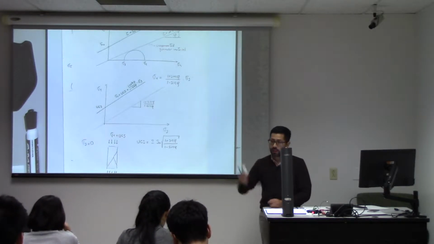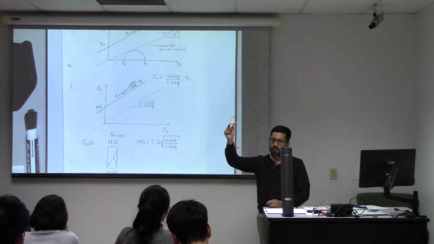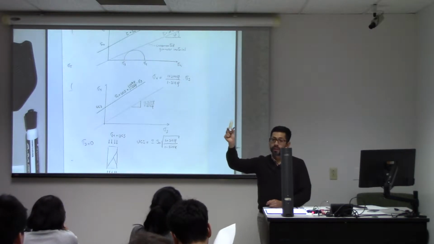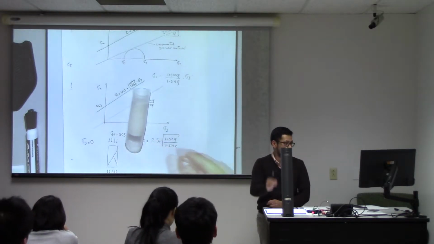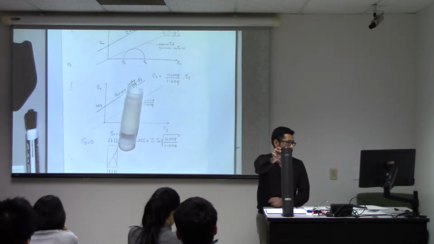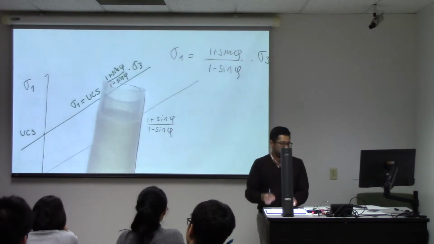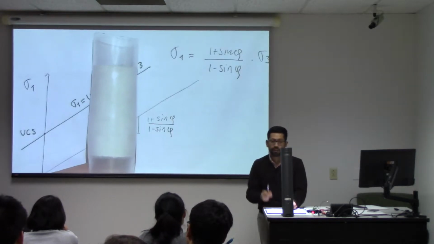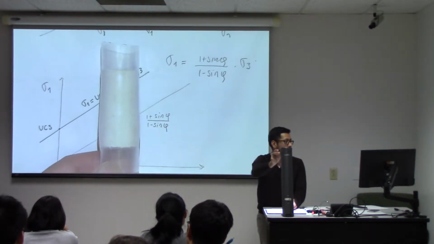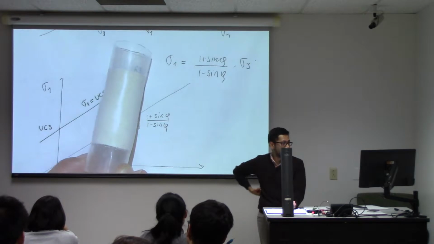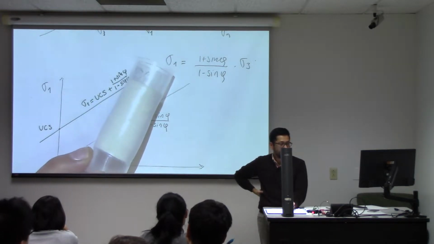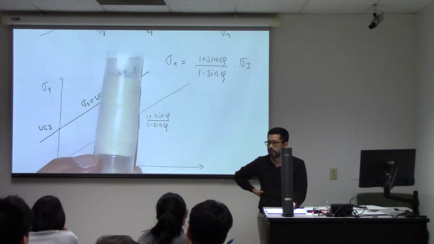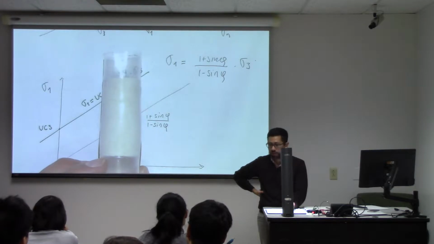And the material looks something like this. You see? Inside here there is, in this case, a limestone. Is this jacketed? And this is the jacket. This is the famous jacket. So we need this jacket, similar to the case of the coffee. We need this jacket in order to apply an effective confining stress or an effective mean stress.